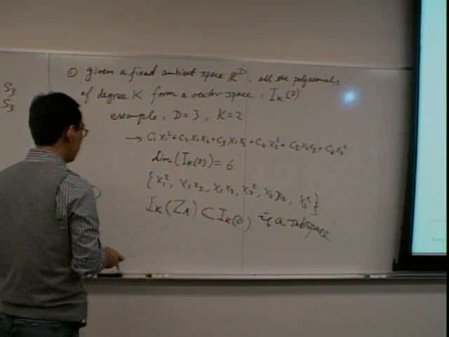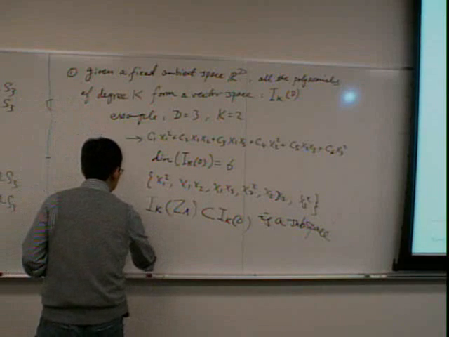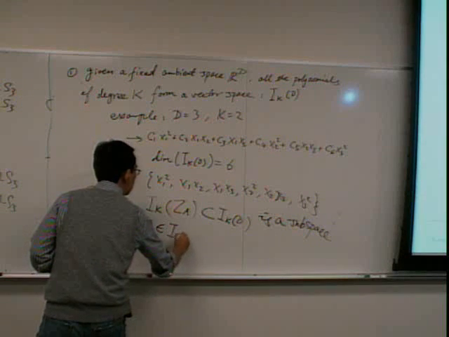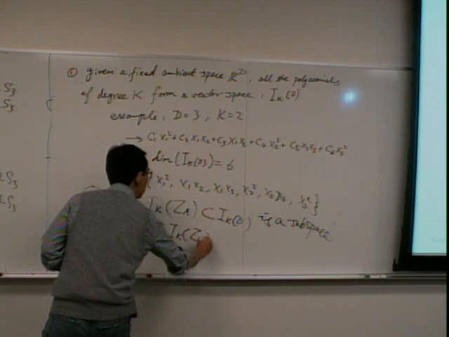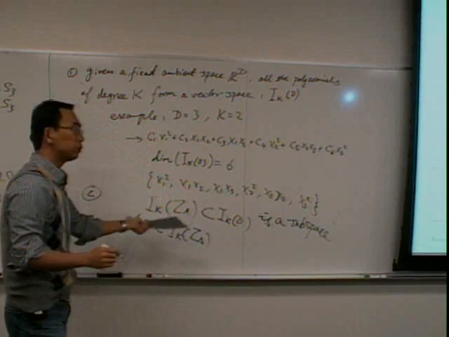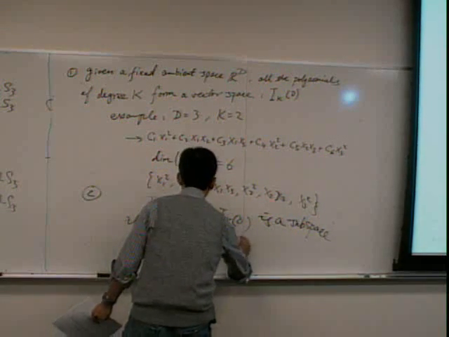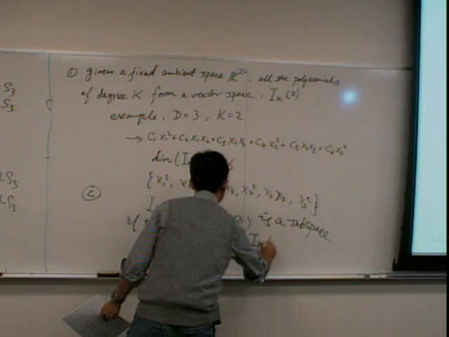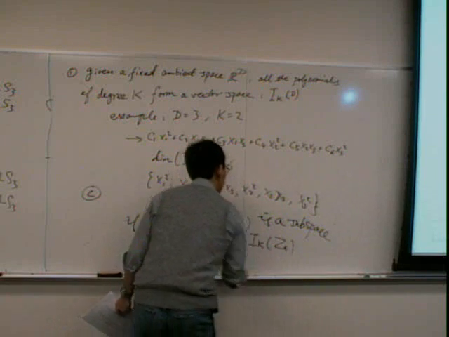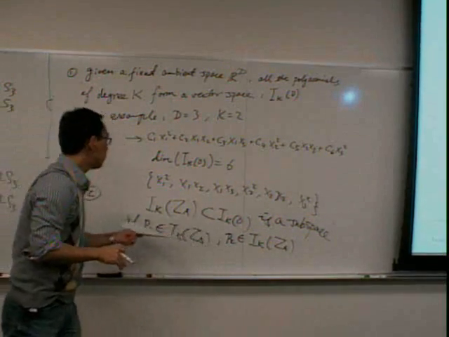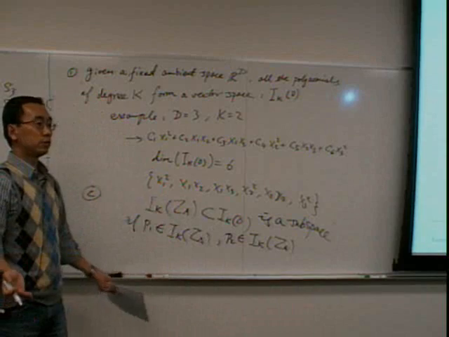So from the basis, you can form any element in this set. And also, if P1 is from this set, which means P1 of x equals 0, and if P2 is the same, what do we have? Any linear combination of P1 and P2 also equals 0, right?